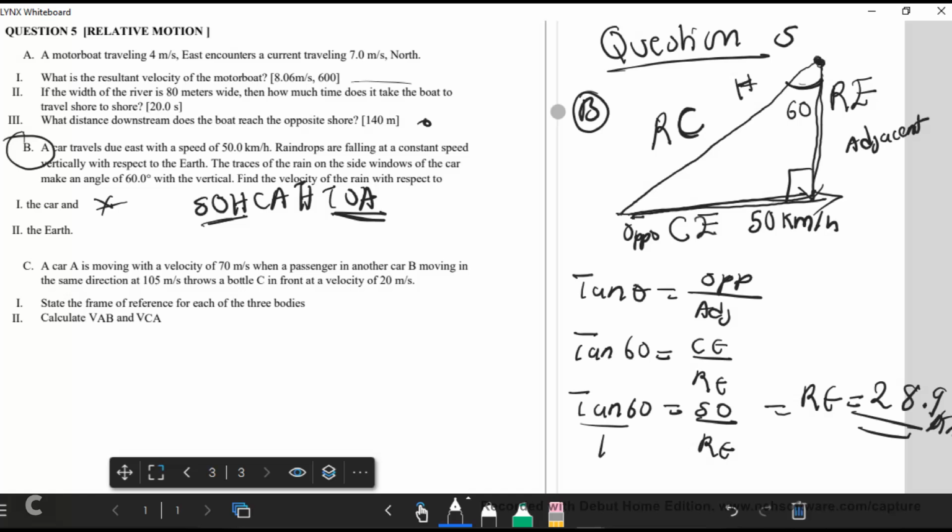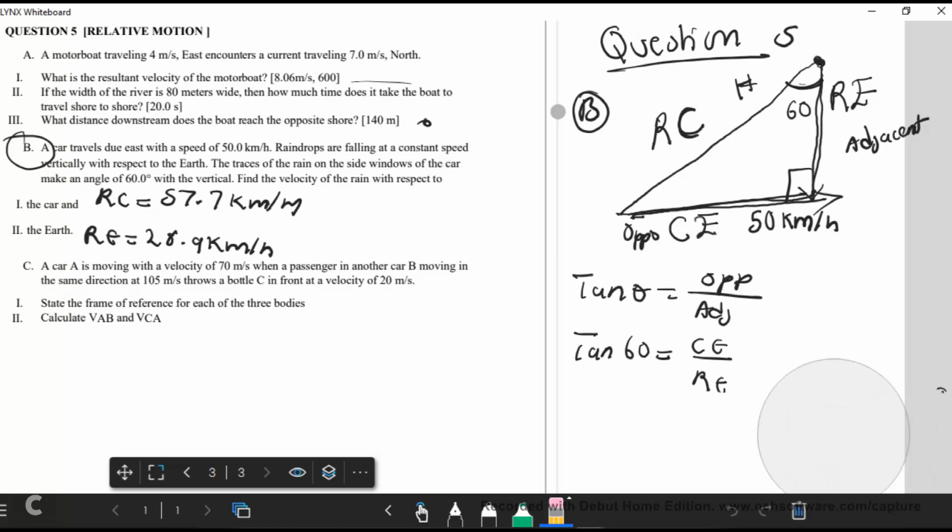So here the answer is 28.9 kilometer per hour, which is RE. Your answer for RC was 57.7 kilometer per hour, like that.